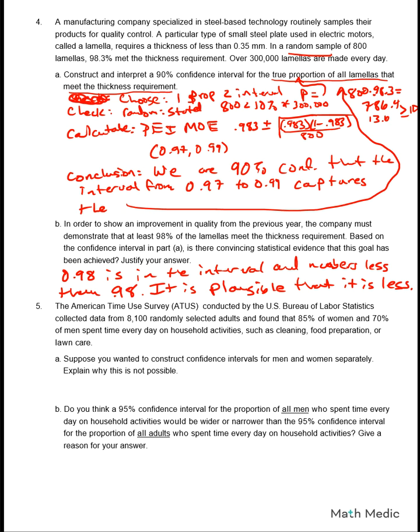Part B, do you think a 95% confidence interval for the proportion of all men who spend time every day on household activities would be wider or narrower than a 90% interval for the proportion of all adults? Give a reason for your answer.